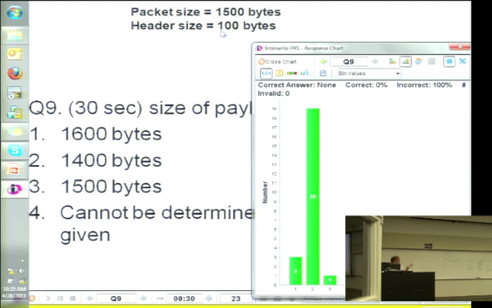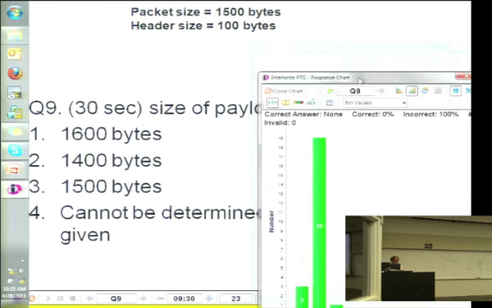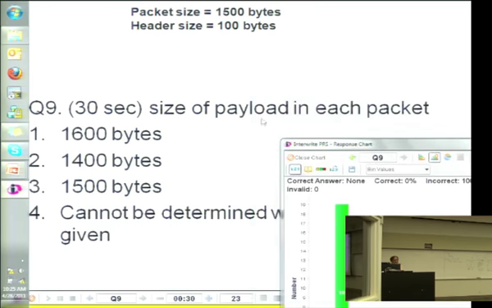You create a message at the application level, give it to the transport, and the transport tacks on a header to it and then creates a packet. And therefore, if the packet size is 1500, and payload is synonymous with the message, the payload is the difference between the packet size and the header size. So the right answer is 2. Okay? Most of you have the right answer. That's good.